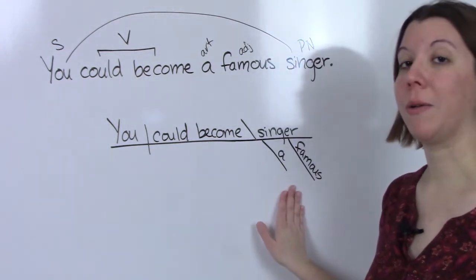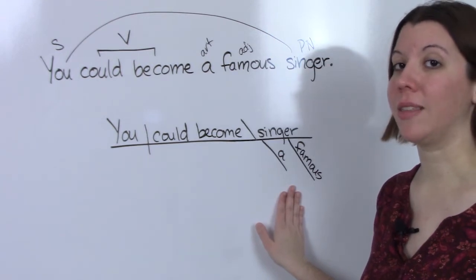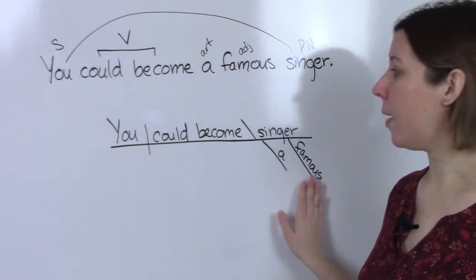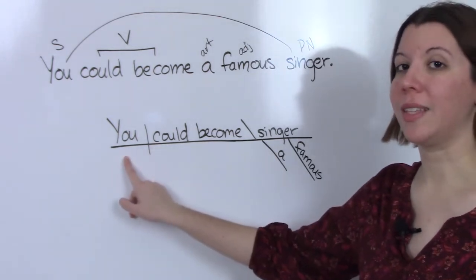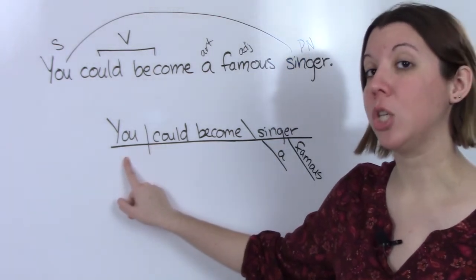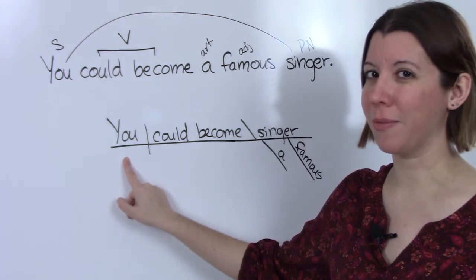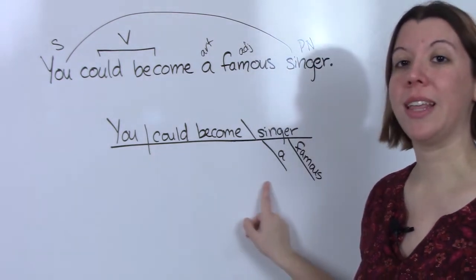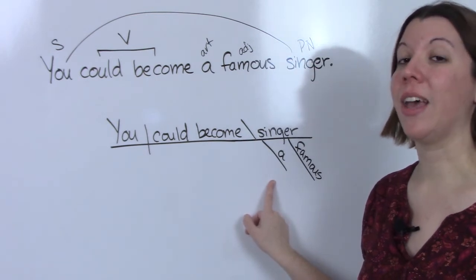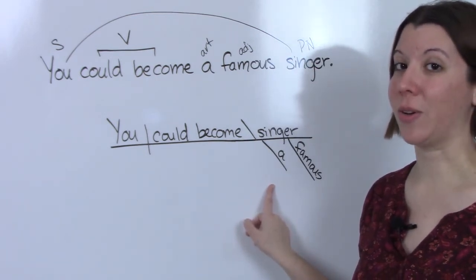They're always diagrammed on diagonal lines underneath the noun they modify. If I were to put a and famous underneath you, the sentence would read, a famous you could become a singer. That's kind of funny sounding. So make sure that you put the articles and adjectives underneath the noun that they describe.